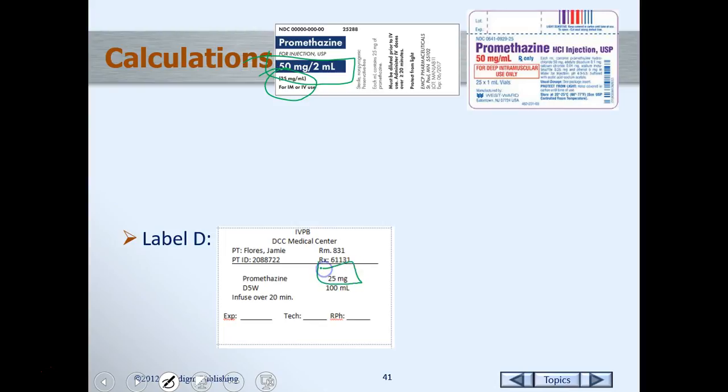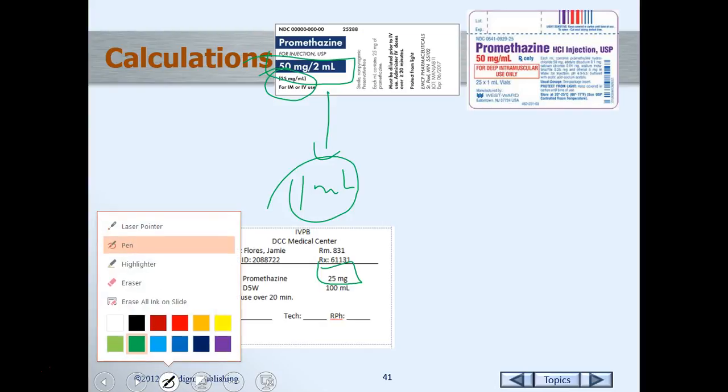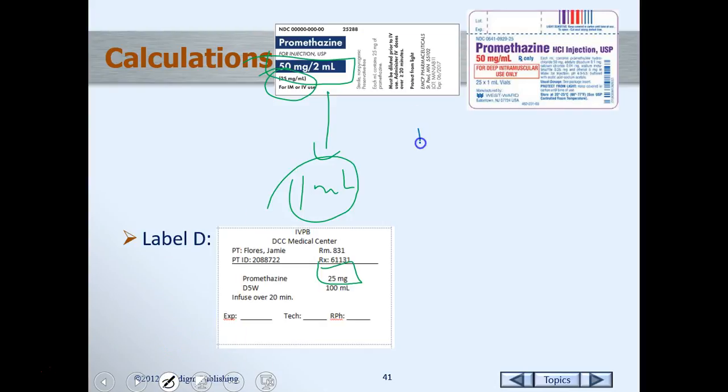And I need 25 milligrams, so if I use this one, I need 1 milliliter. All right. The other one is 50 milligrams in 1 milliliter. Which would be 0.5 milliliters.